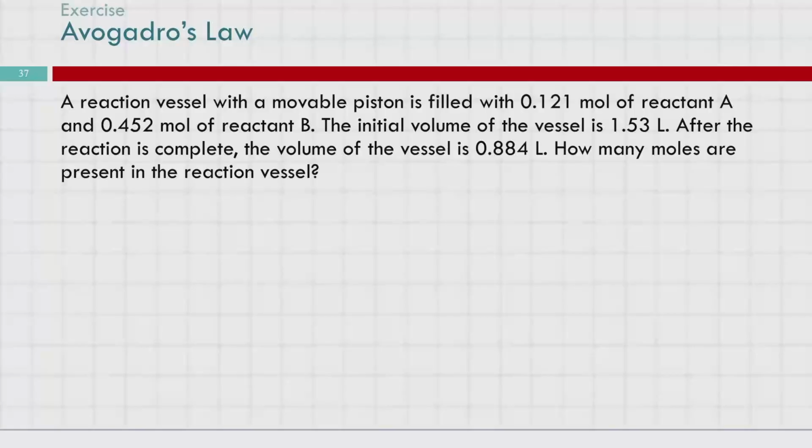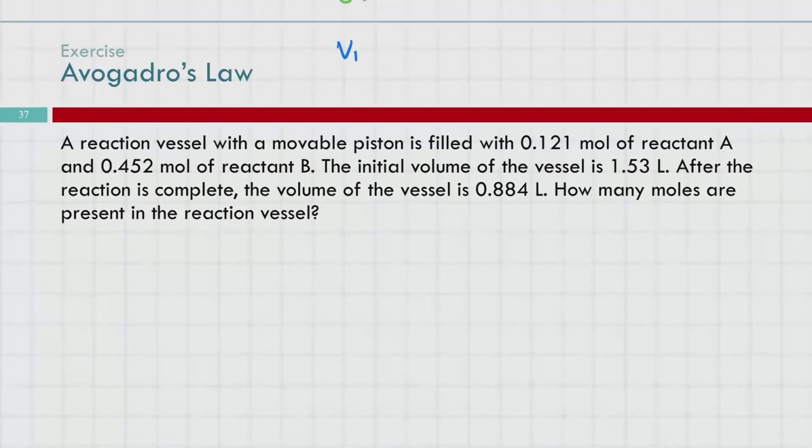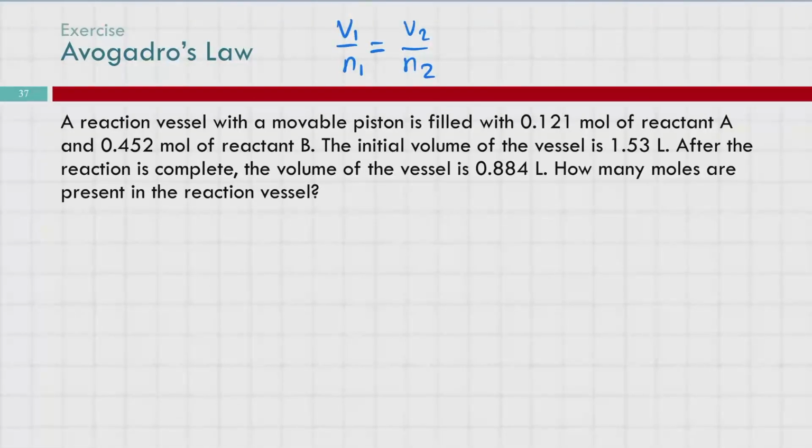So it's an Avogadro's law problem. We're going to need V1 over N1 equals V2 over N2. We've got some things that we are given. Some moles of reactant A, some moles of reactant B, and an initial volume.